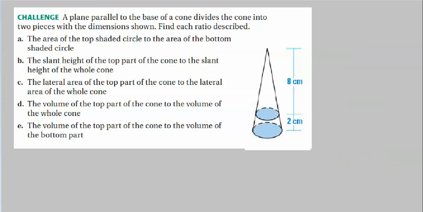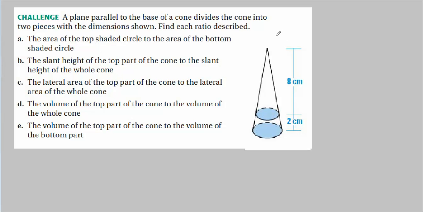Here's one where they're going to ask us, I think, for a bunch of ratios. Yeah, they want to find the ratio of all these different quantities. Really, all you need to do, this is the trick, keep track of whether these quantities are linear, squared, or cubed, because the ratios will move exactly the same way. In other words, find your first linear scale factor if you can. Well, you always can.